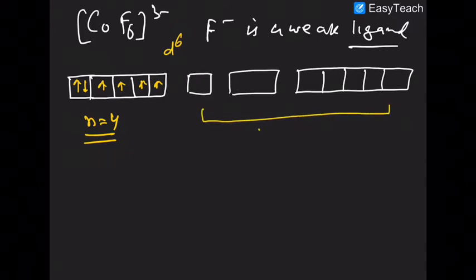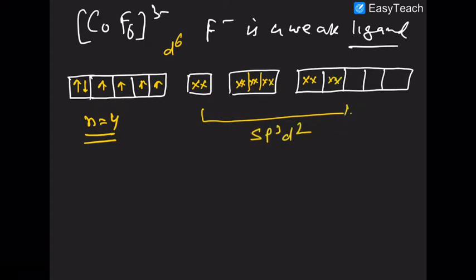And what will you have? You have 6 orbitals for the ligands here. So first the 4s, then you have 4p, and then you have 2 4d orbitals. So in this case it is sp3d2, that is 6 fluoride anions.